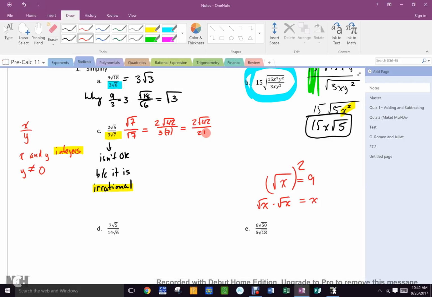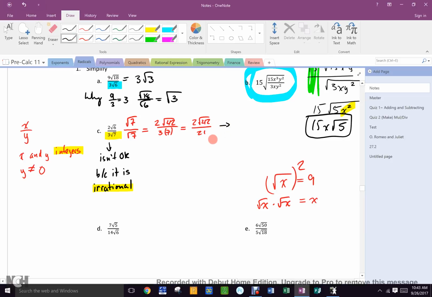Have I gotten rid of the radical in the denominator? Yes. Have I made a rational number? Yes or no? I have not made a rational number, but I have cleaned it up as best as I can, because we cannot have a radical in the denominator.